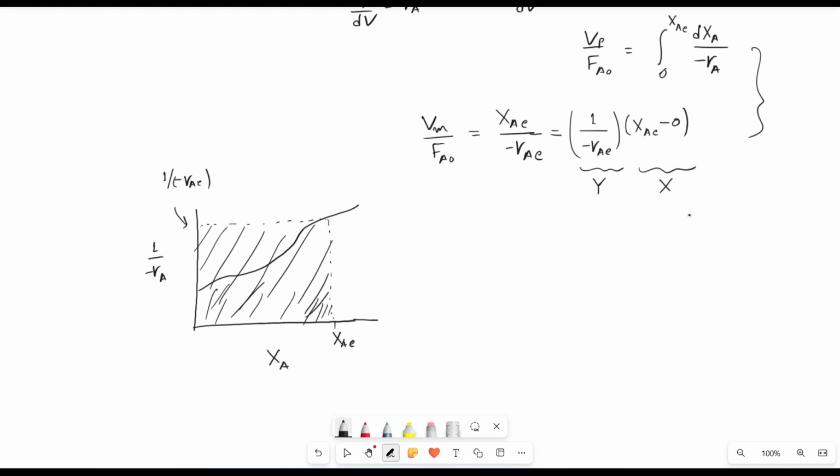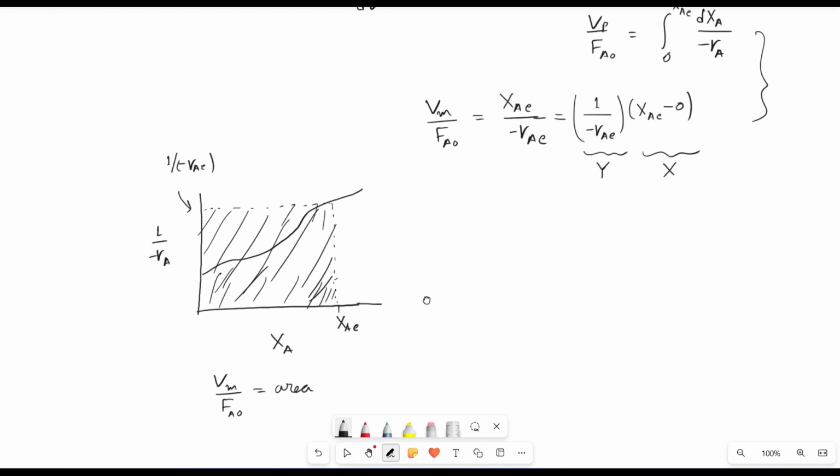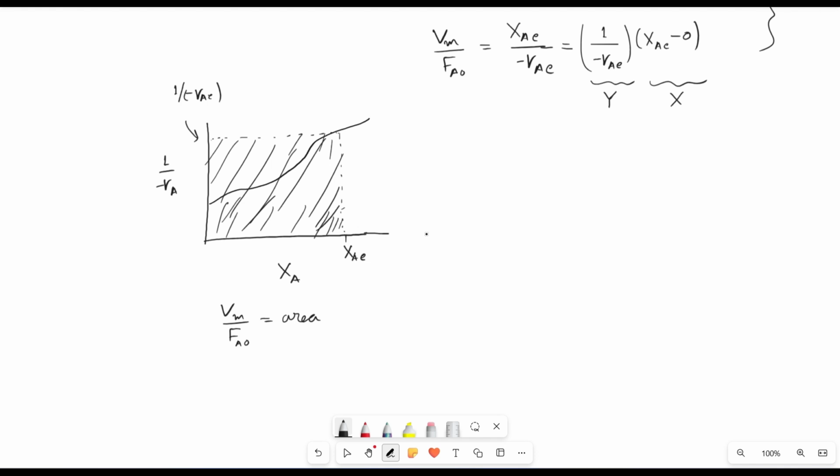This area is the Vm by FA naught. Suppose this is area A1.